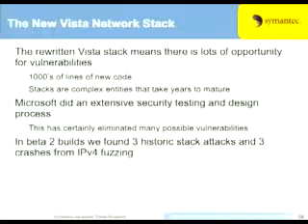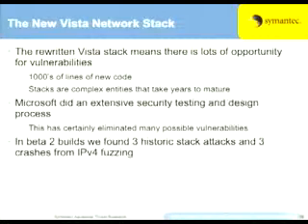Okay, this rewritten stack means there's lots of opportunities for new vulnerabilities. Stacks are complex entities. They take typically many years to mature. There's thousands upon thousands of lines of code. So there's just lots of possibilities for things to go wrong. And Microsoft did do extensive security design and testing on the stack, and that has certainly limited a number of possible vulnerabilities.